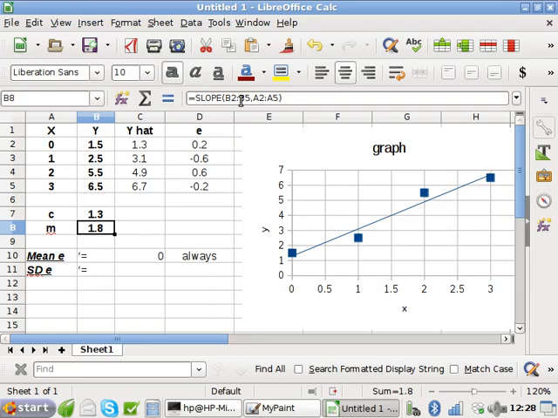I said B is the intercept and A is the slope. For today's one I wrote them backwards. It should be AX. I'll have to fix that later.